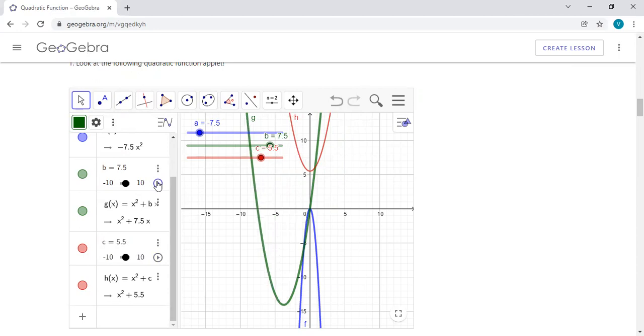I made 3 types of graph to make it easier for students to understand the change that occur in the graph when the coefficient of the quadratic function change.